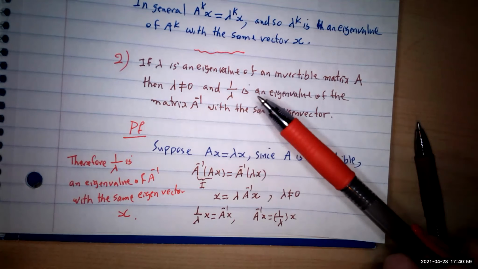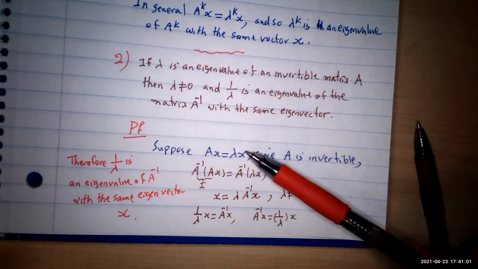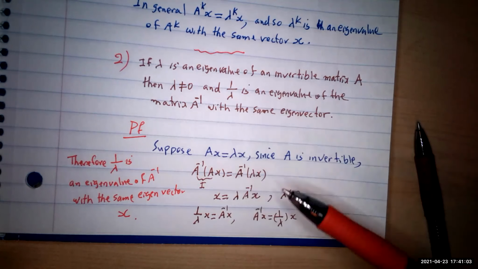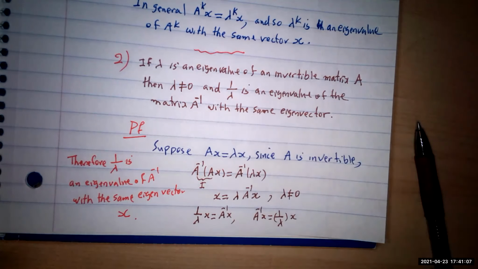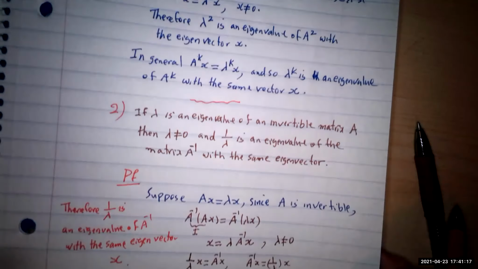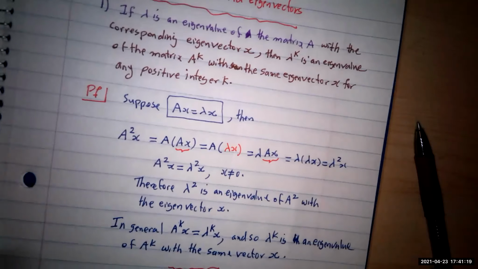And the other interesting thing is their eigenvectors are the same. Whatever you use for A, you are going to use for A inverse too. That's another famous property of the eigenvalues.